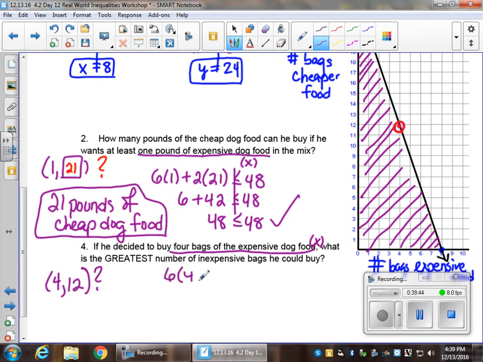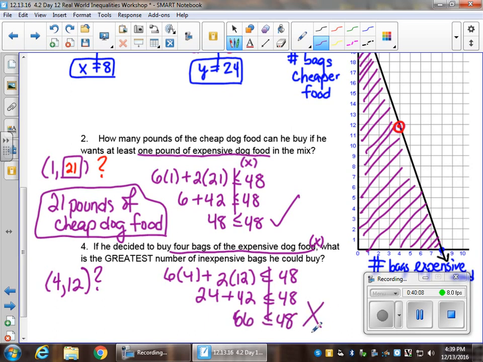6 times 4 plus 2 times 12. Is that less than or equal to 48? 24 plus 42 less than or equal to 48. That becomes 60. What am I saying? 66 less than or equal to 48.